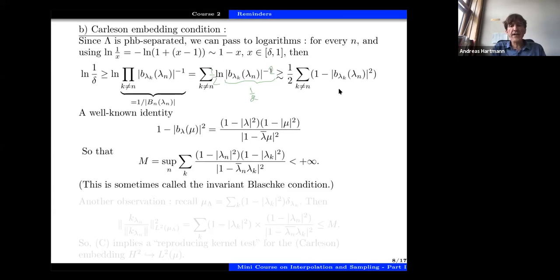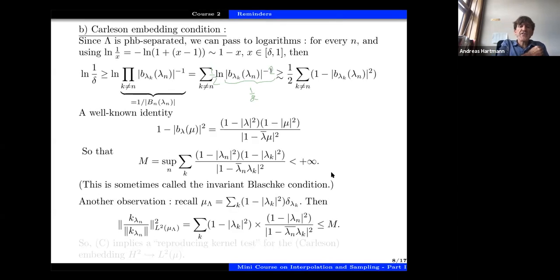And so at the end of the day, if I plug in this expression here, I've shown that this sum is uniformly bounded in n, and the sup of this I will call N. Sometimes this is called the invariant Blaschke condition because it tells us that the sum of these terms is uniformly bounded, and the usual Blaschke condition is that instead of b_{lambda_k}(lambda_n), you just take b of just lambda_n. And if this is uniformly bounded, independent of n, this is called the invariant Blaschke condition.